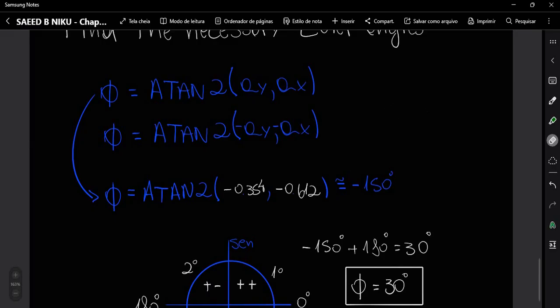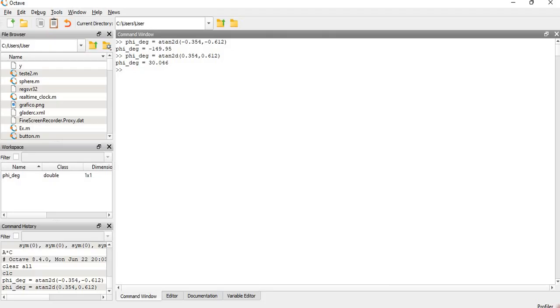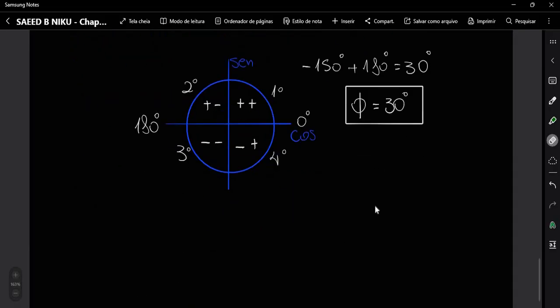And let's see what we got. 30 degrees. And now let's see, 30 degrees plus 180. Now we are on this quadrant.